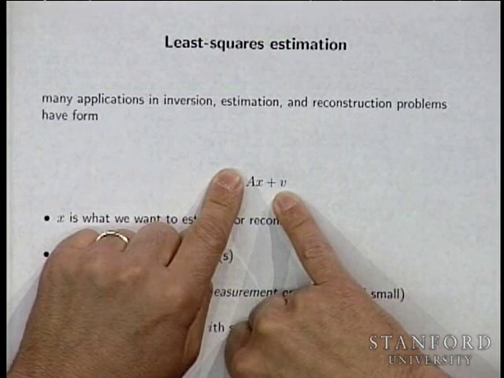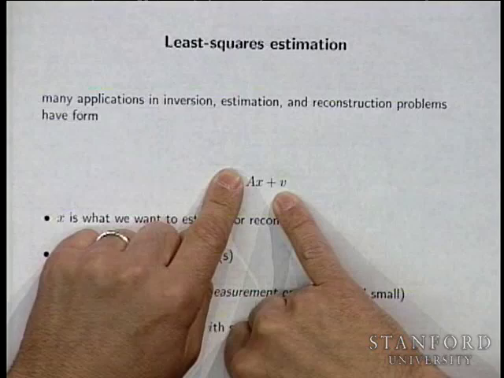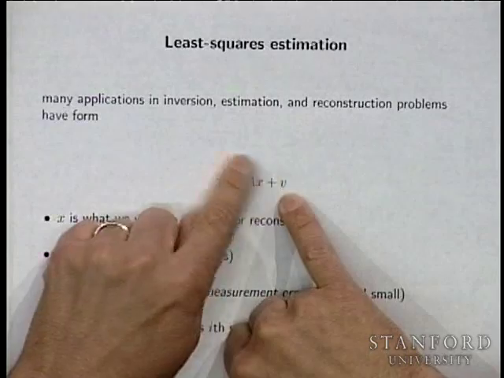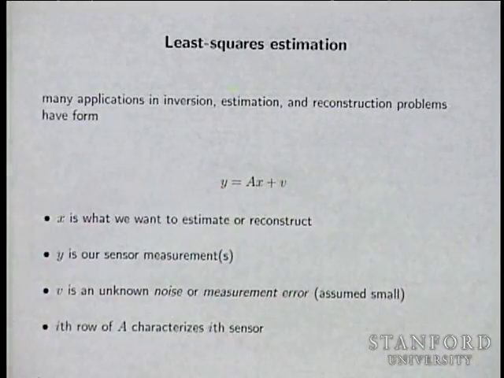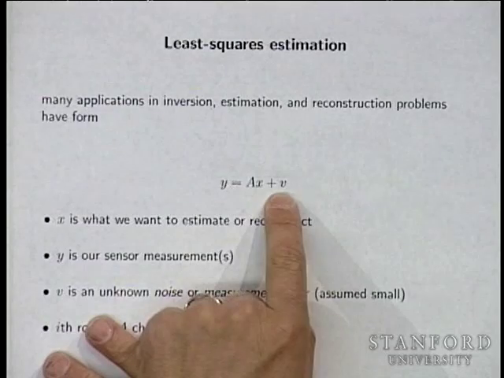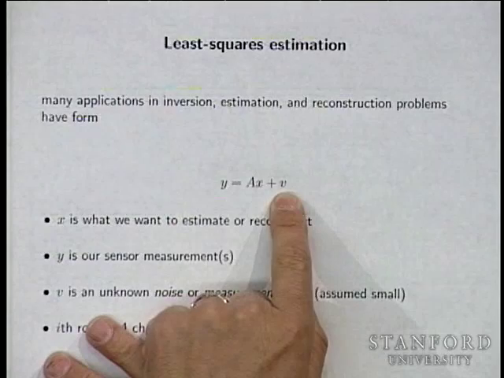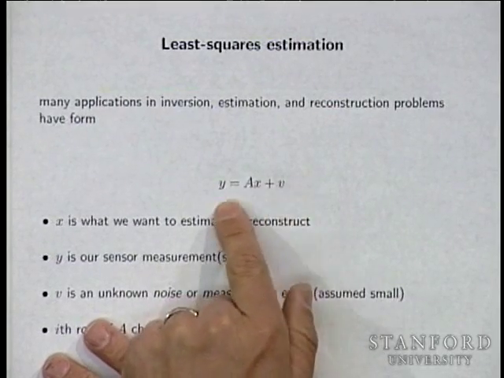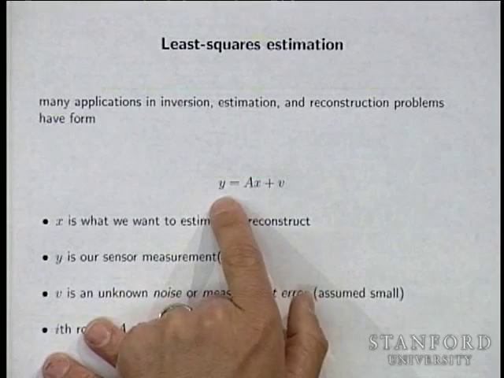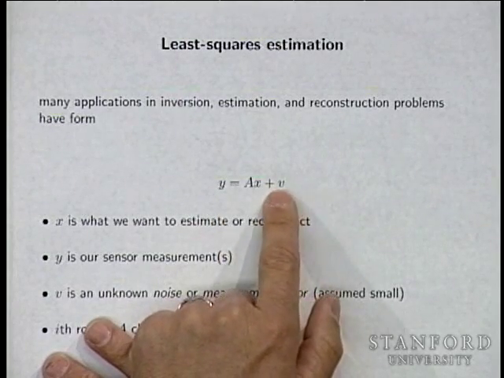So V could be as small as round-off error in a numerical calculation. But generally speaking, this actually refers to some inversion, estimation, or reconstruction problem. It involves received signals or things like that. And V is simply, well, if these are sensor noises, errors, things like that. They could be errors because a sensor is only 14 bits. All that is lumped into this V.